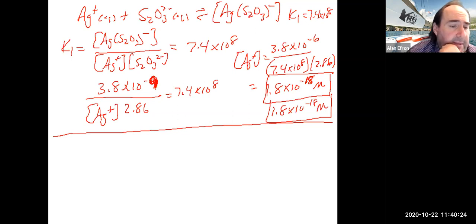But keeping in mind that it is truly an equilibrium, even though almost 100% of that free metal ends up in the complex ion, there is going to be some of it coming back the other way. You are going to have a very, very small amount of the free metal still available in the solution.